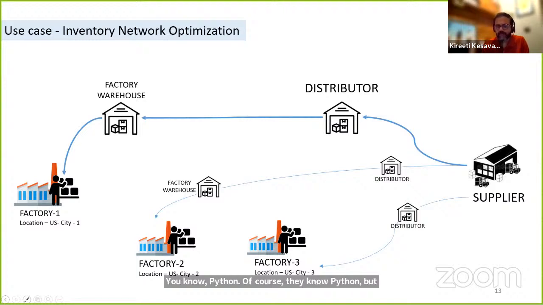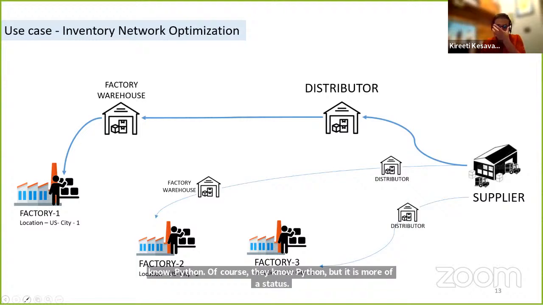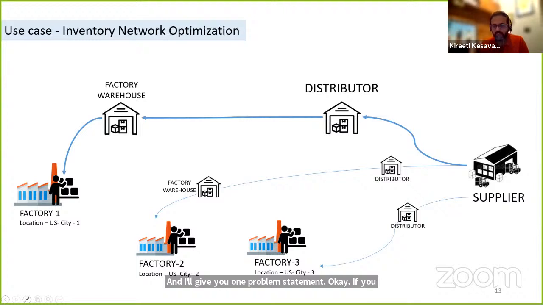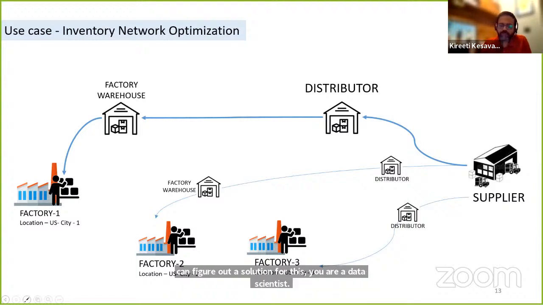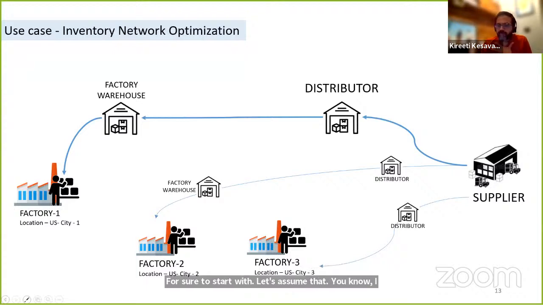I'll give you one problem statement. If you can figure out a solution for this, you're a data scientist for sure, to start with. Let's assume that I'm in Visa, for that matter, right? So I'm interested in proliferating cards to various merchants. I go to a kirana shop, he doesn't accept cards, but he accepts UPI.